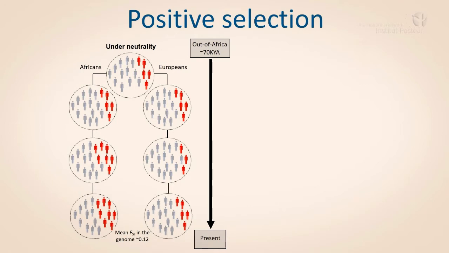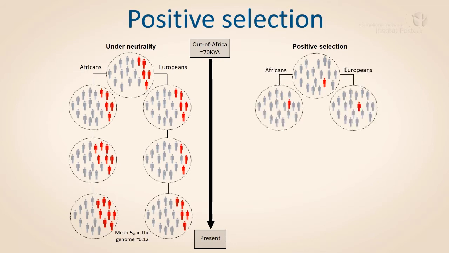Now let's concentrate on the right panel, and let's go back again 70,000 years ago. And we have here a mutation in red, and this mutation is not neutral. This mutation confers a selective advantage. And let's imagine that this mutation confers a selective advantage to better survive malaria. So both Africans and Europeans inherit this mutation.